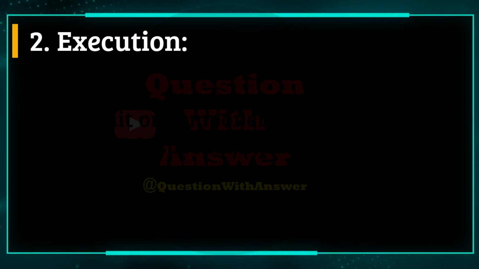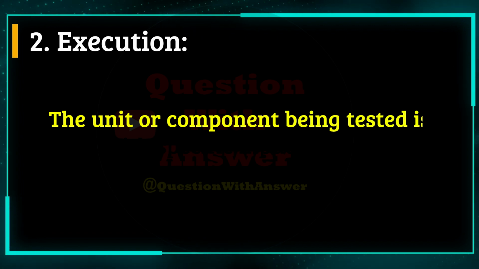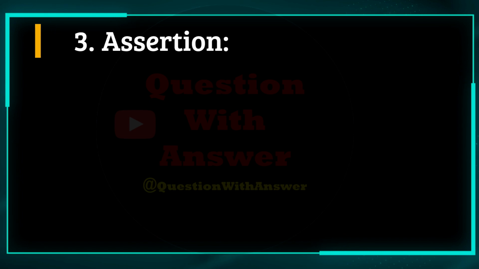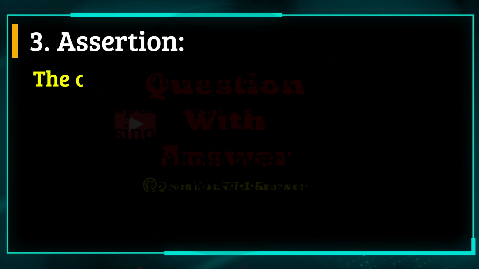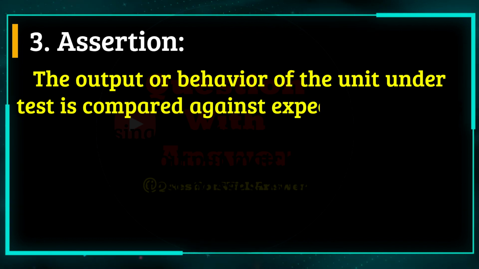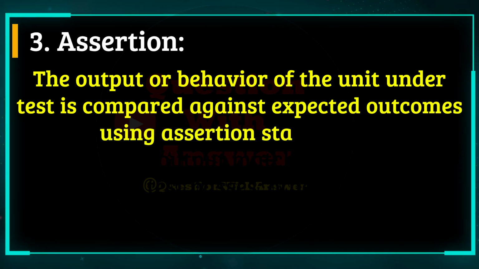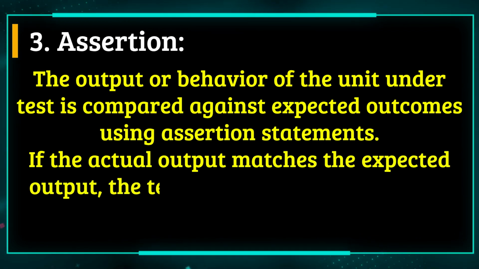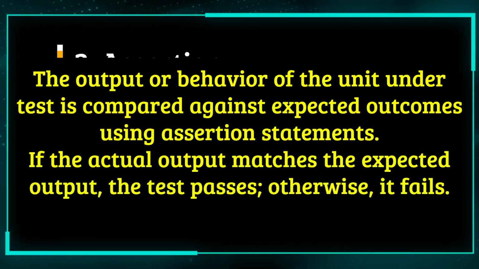Execution. The unit or component being tested is invoked with specific inputs or parameters. 3. Assertion. The output or behavior of the unit under test is compared against expected outcomes using assertion statements. If the actual output matches the expected output, the test passes, otherwise, it fails.